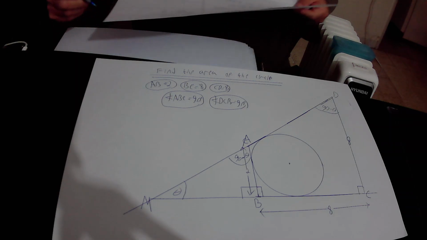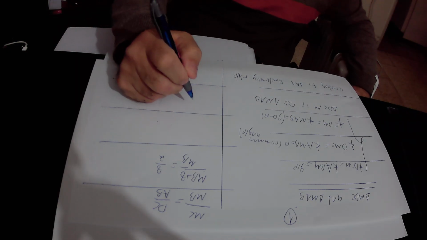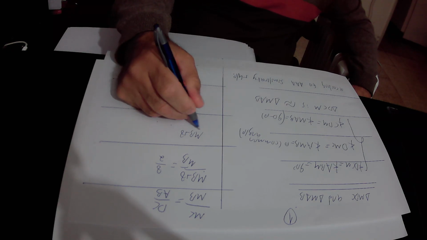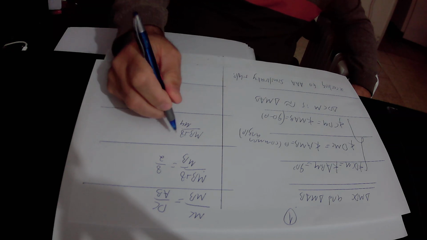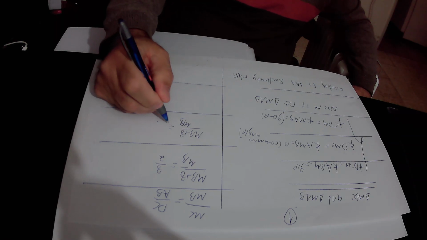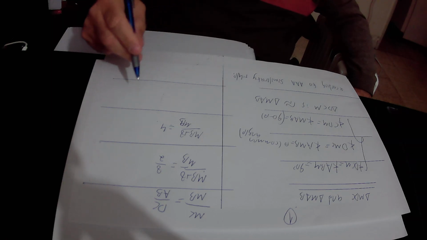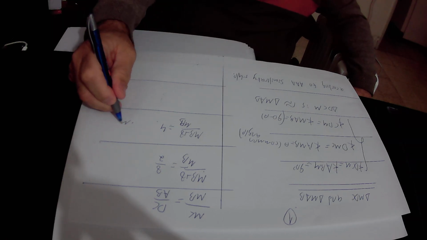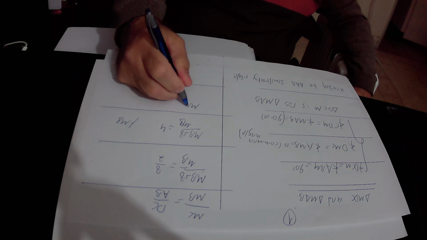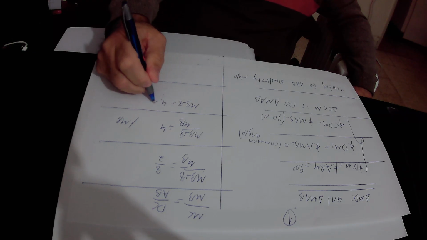So if we've already found out that MB plus 8 over MB equals to 8 over 2, which is 4. Okay, MB plus 8 over MB equals to 4. We'll multiply this equation by MB, and finally we get that MB plus 8 equals to 4 times MB.